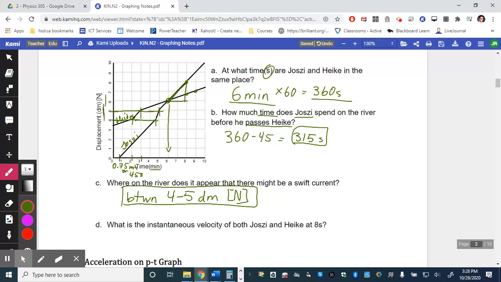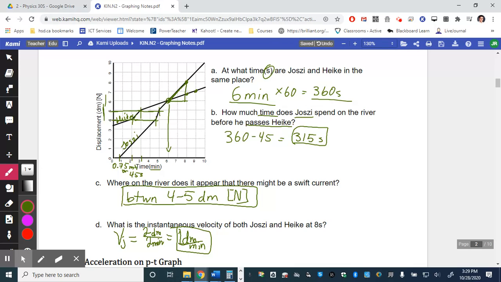This is Josie. So the velocity of Josie, Vj, is the rise over the run. He traveled 2 decameters in 2 minutes, and so that is 1 decameter per minute. That's a velocity.